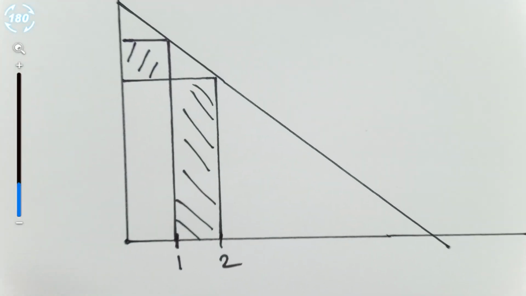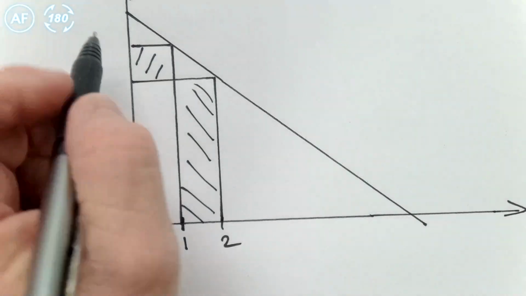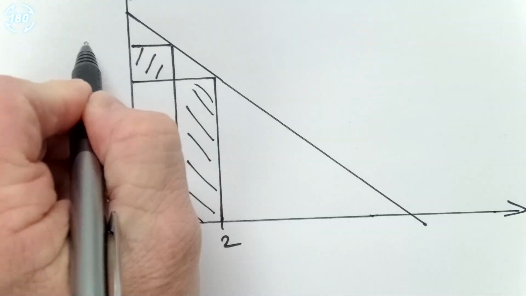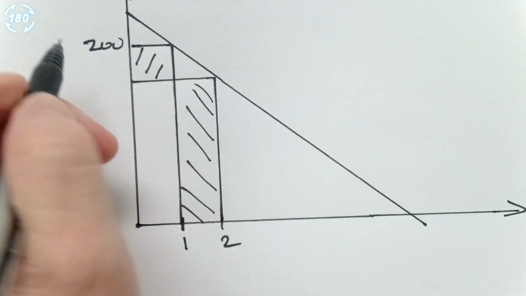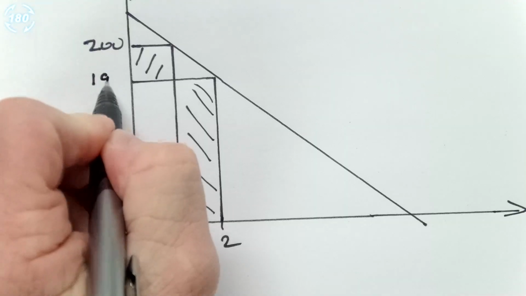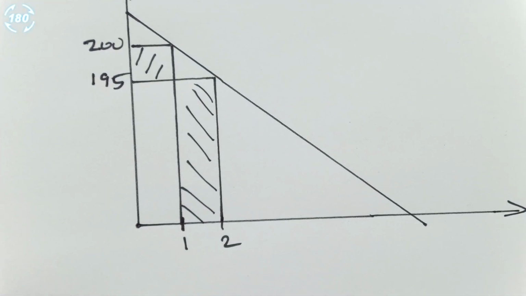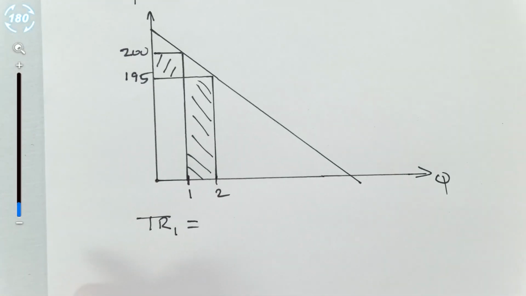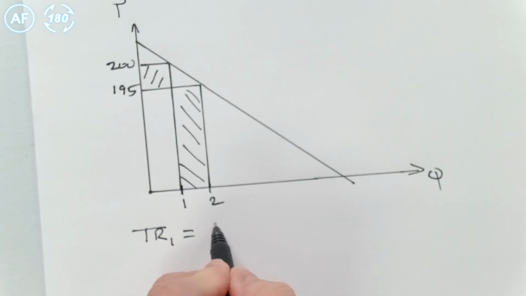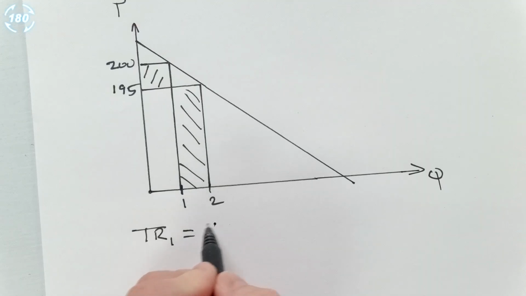So remember, total revenue is what? Let's just put some numbers on this. This could be $200, and so this might be $195. But at any rate, the initial total revenue, TR for 1 unit, is the price times the quantity.